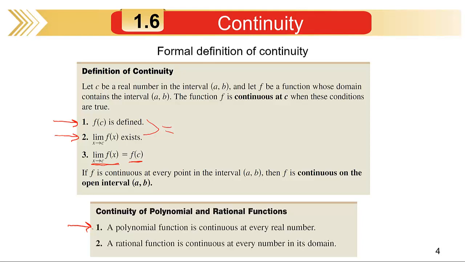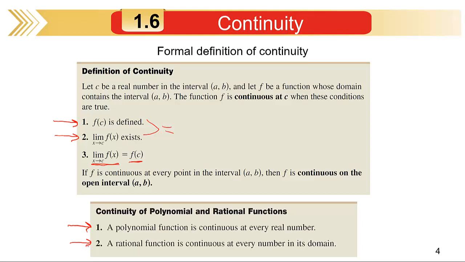Whenever you see a polynomial function, you never have to worry about having to break it into pieces to get continuity within each piece. A rational function, in other words, ratio means fraction. It's a fraction of two polynomials. Anything that's in the domain of the rational function is going to be an interval of continuity. But whenever you see a rational function and something causes you to divide by 0, that's going to put in a vertical asymptote or a hole in some cases, and that's going to cause a point of discontinuity.